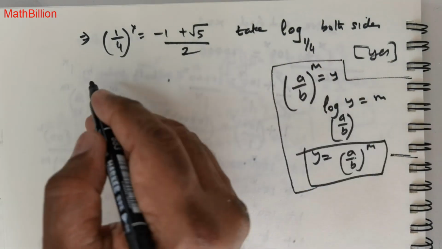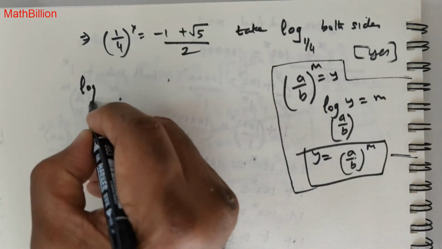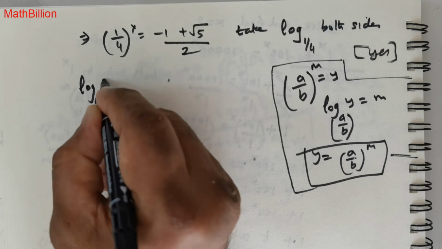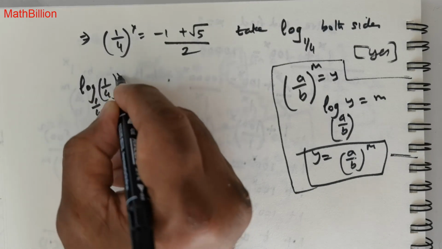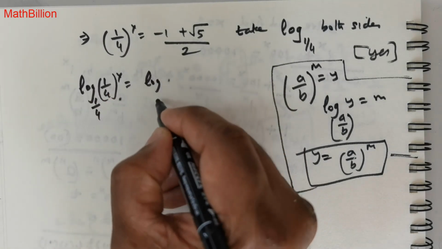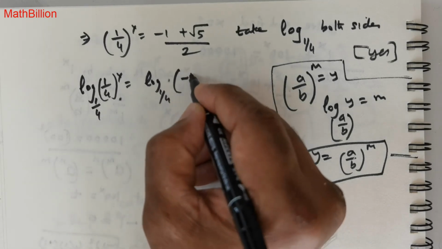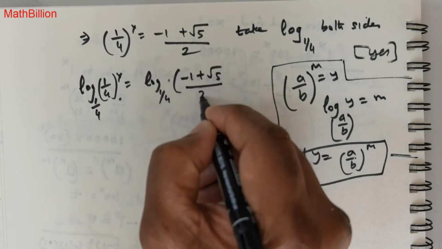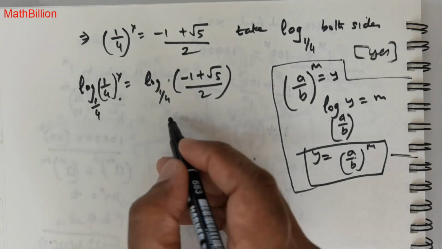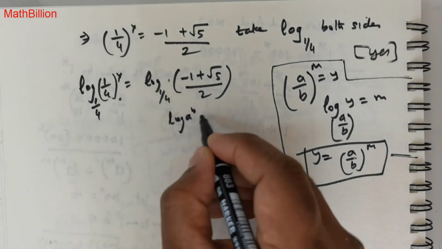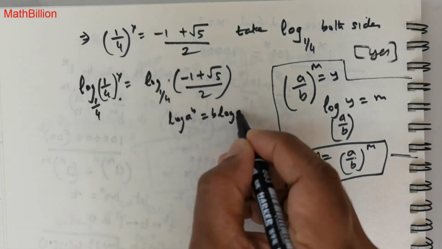So taking log to the base 1 over 4, this is going to be log to the base 1 over 4 of (1 over 4) raised to the power of x is equal to log to the base 1 over 4 of (negative 1 plus root 5) divided by 2. Now there is a formula, log of a raised to the power of b is equal to b times log a.